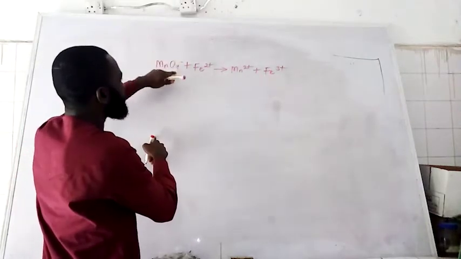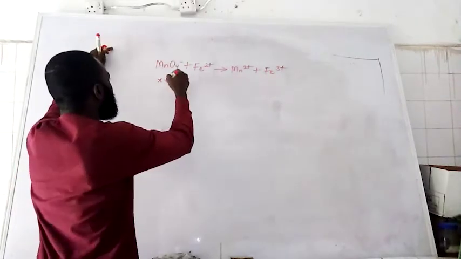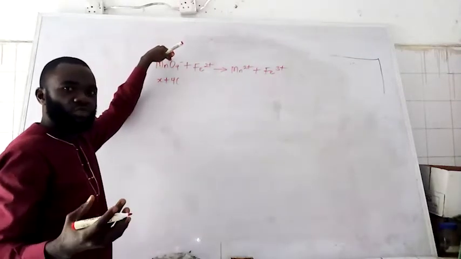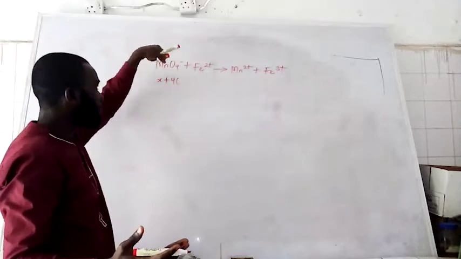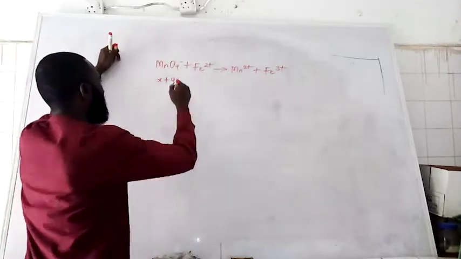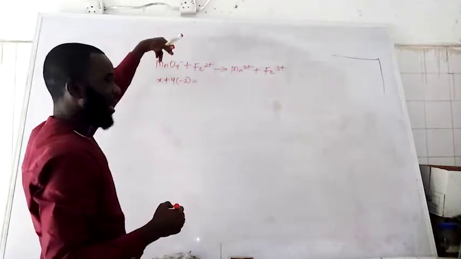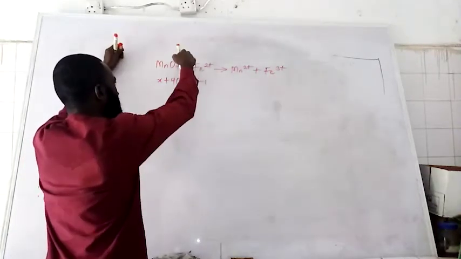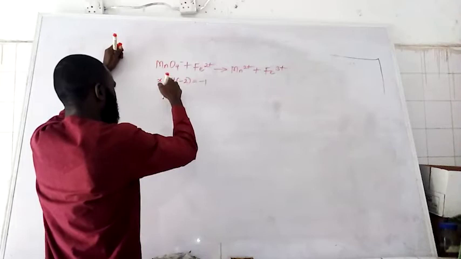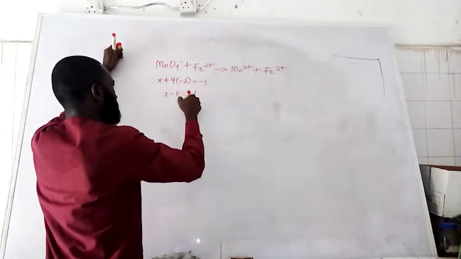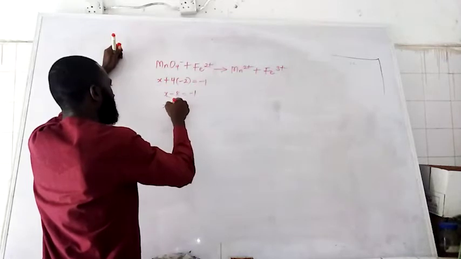I have 4 atoms of oxygen, so that will be 4 times the oxidation number of oxygen, which is always -2 except in peroxides, and this is obviously not a peroxide. So I will have the net charge as -1. So X plus 4 times -2, which is -8, is equal to -1.